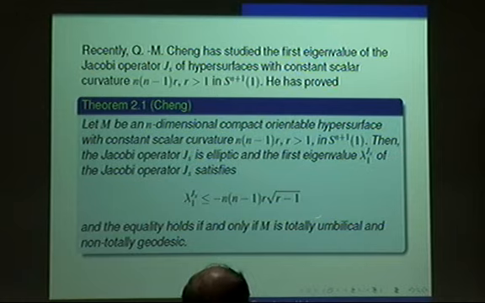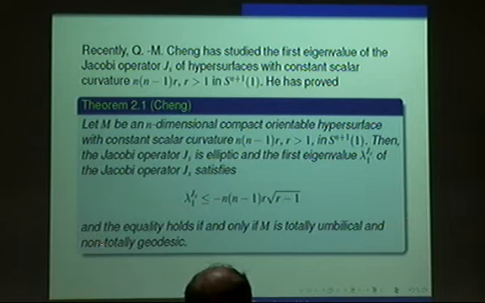The first eigenvalue of the Jacobi operator is not greater than negative n times (n minus 1) r, the square root of r minus 1. And equality holds if and only if M is totally umbilical and non-totally geodesic.